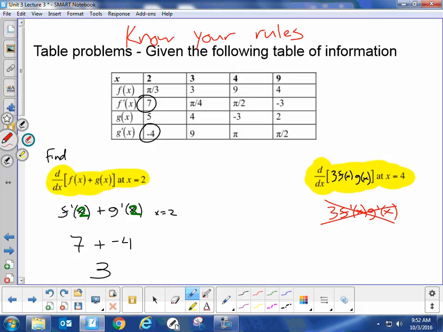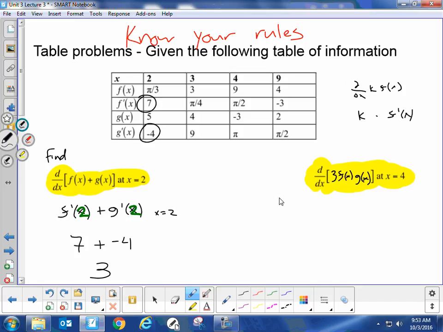You need to be comfortable with sometimes this being 3g of x times f of x, maybe in an order that is not familiar with you and might be designed to confuse you. Now the 3 sometimes messes people up as well. Let's talk about the 2 ways we can deal with the 3. We know a rule where we have the derivative of a constant times a function: just leave the constant out to the side and then multiply by the derivative of the function.